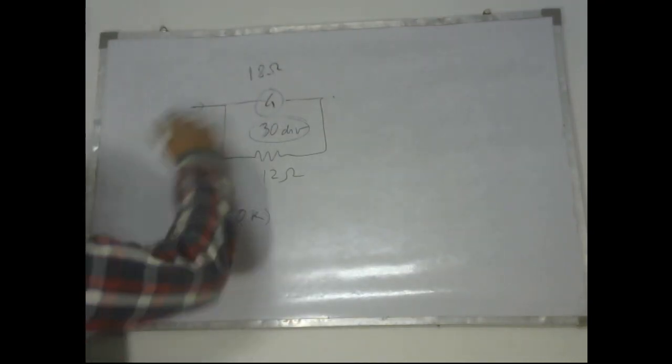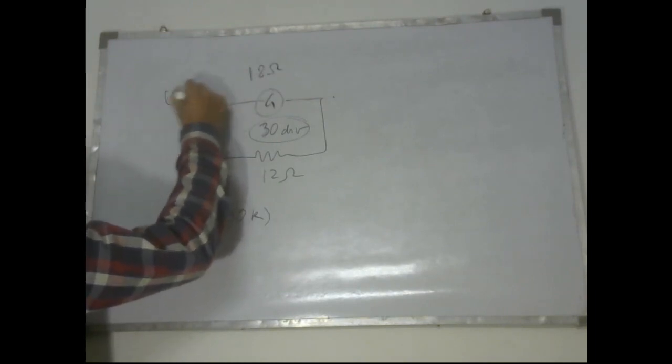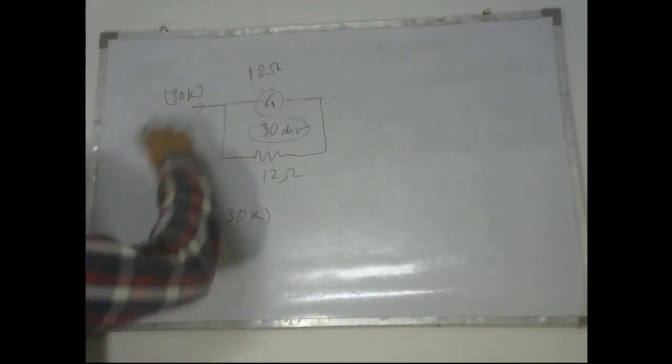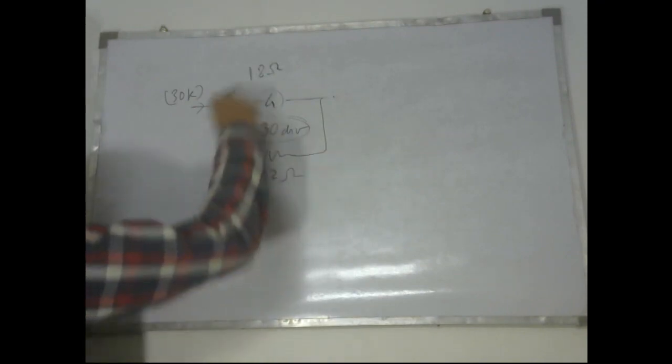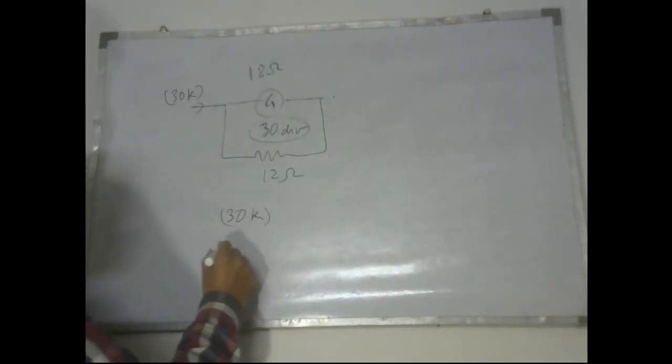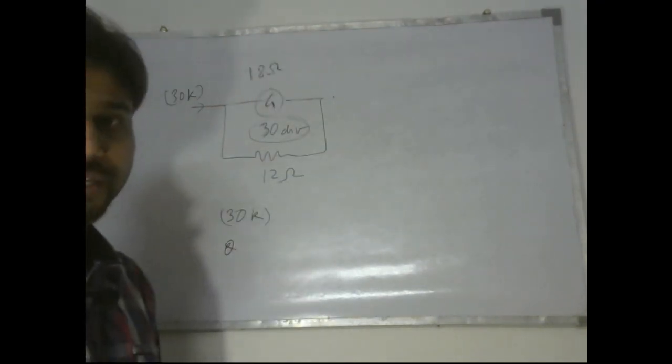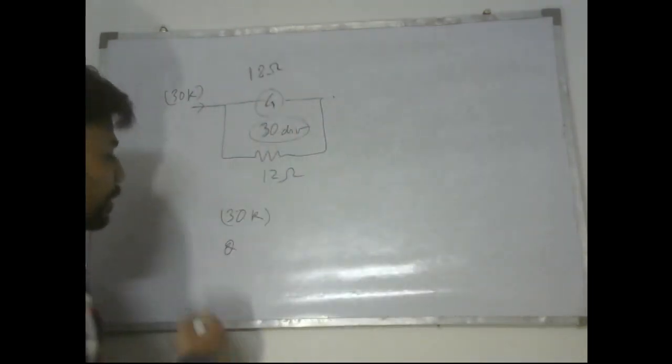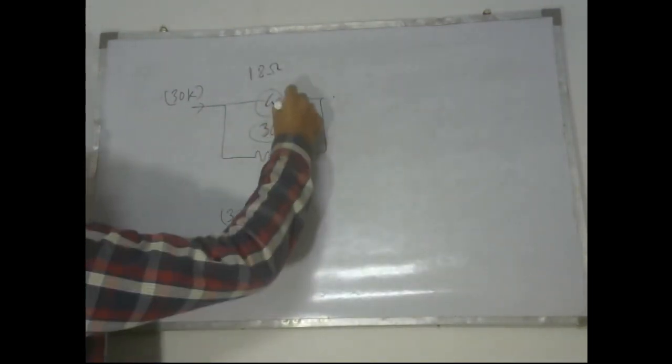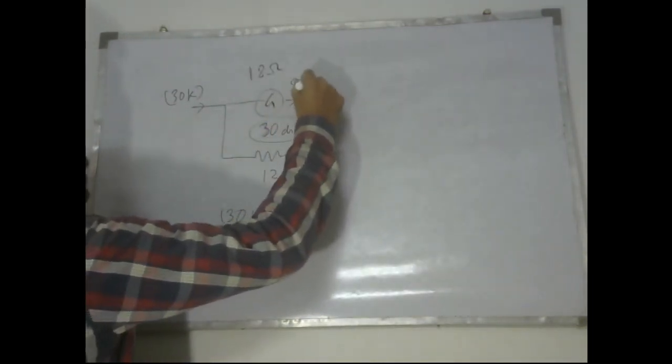So the whole current passing is 30k. Now it is being divided between the 12 ohm and 18 ohm resistances. So let's say some theta deflection is happening in the galvanometer. So the current passing through the galvanometer is theta k.